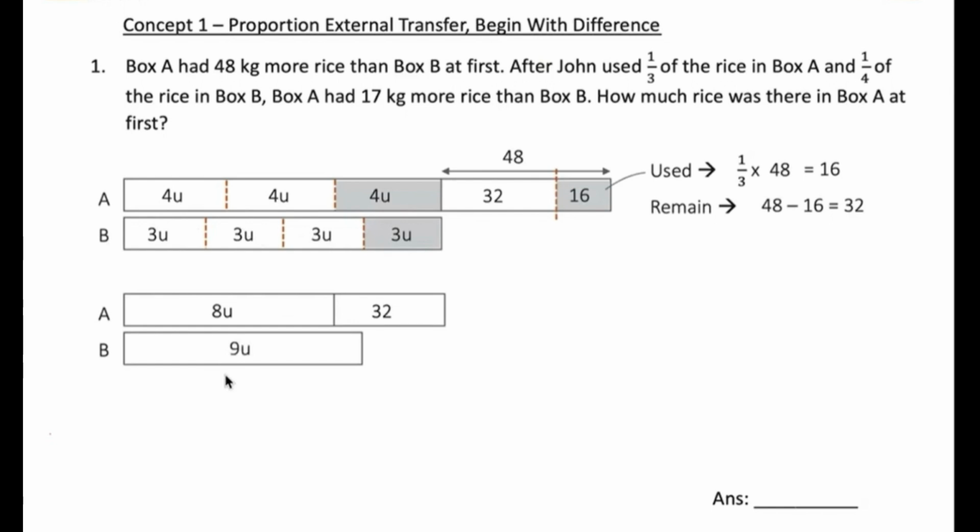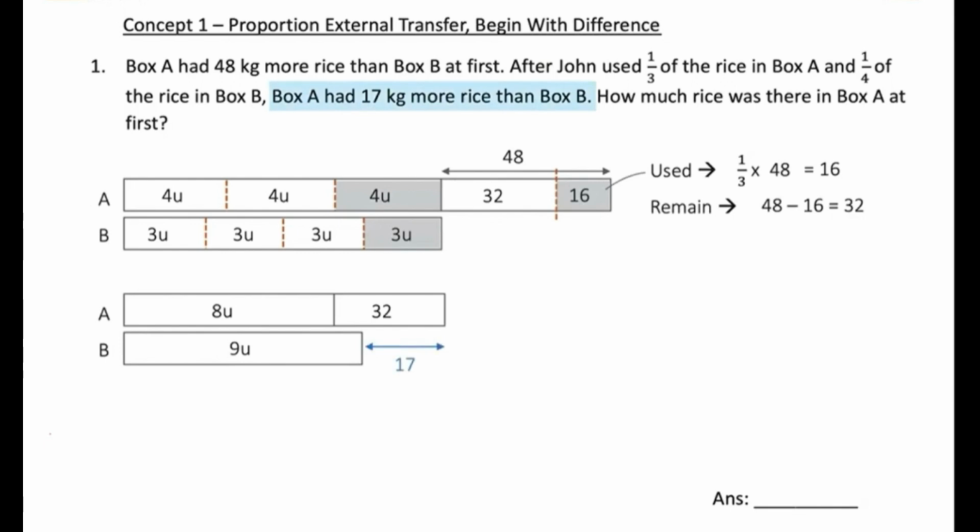Any question? If you've got a question, put in the chat. Okay, so this is left. So what did they say about the left? It says that the difference is 17 kilograms. So this has to be 17 kilograms. All right.